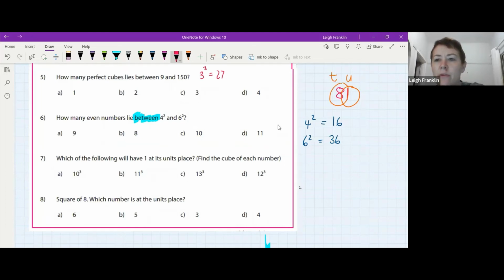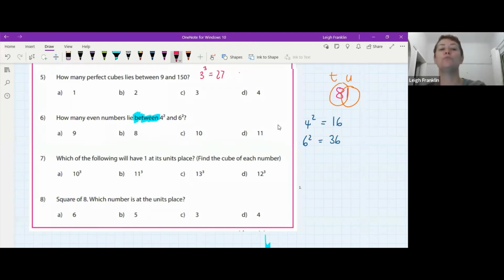Ma'am, can I do it? Go for it, Takalani, lovely. Ma'am, isn't it 8, 27, 64? Okay, but is 8 between 9 and 150, Takalani? Ish.